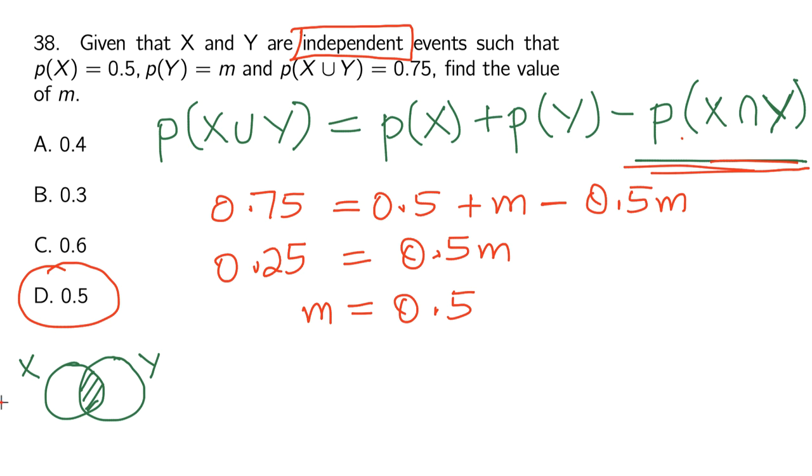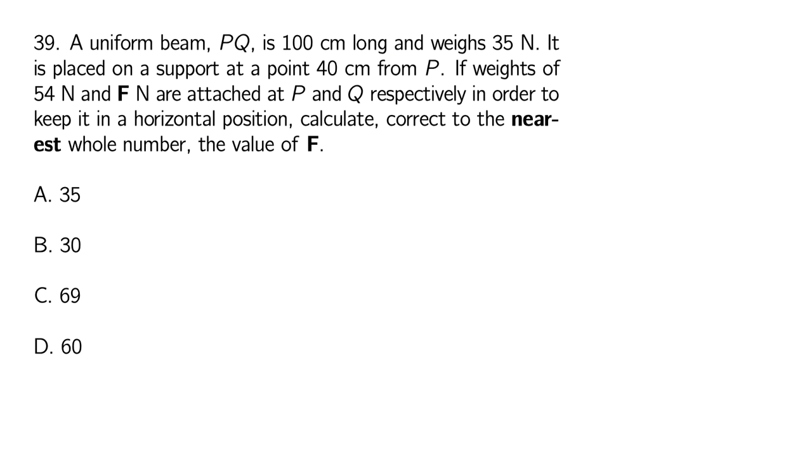All right, the next question is question 39. It says a uniform beam PQ is 100 centimeters long and weighs 35 Newton.